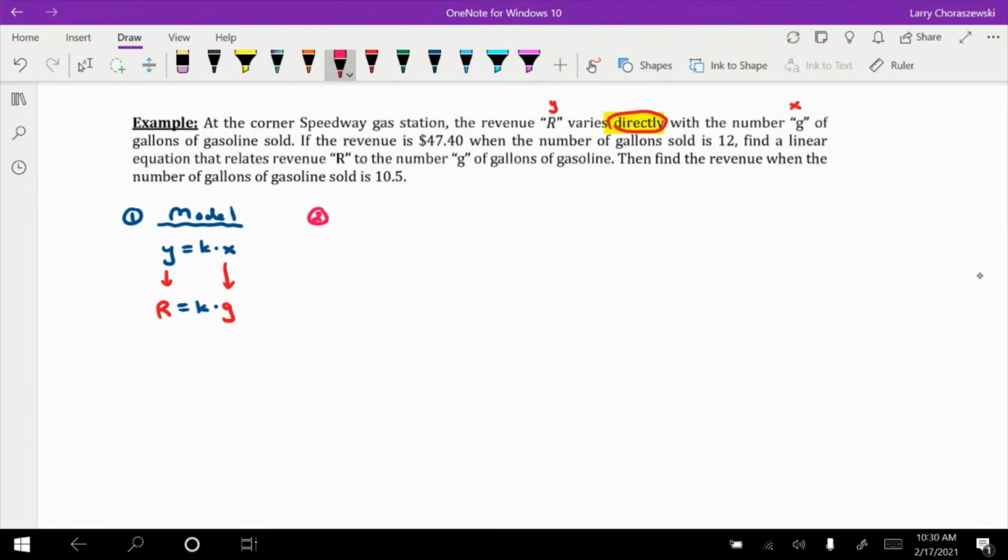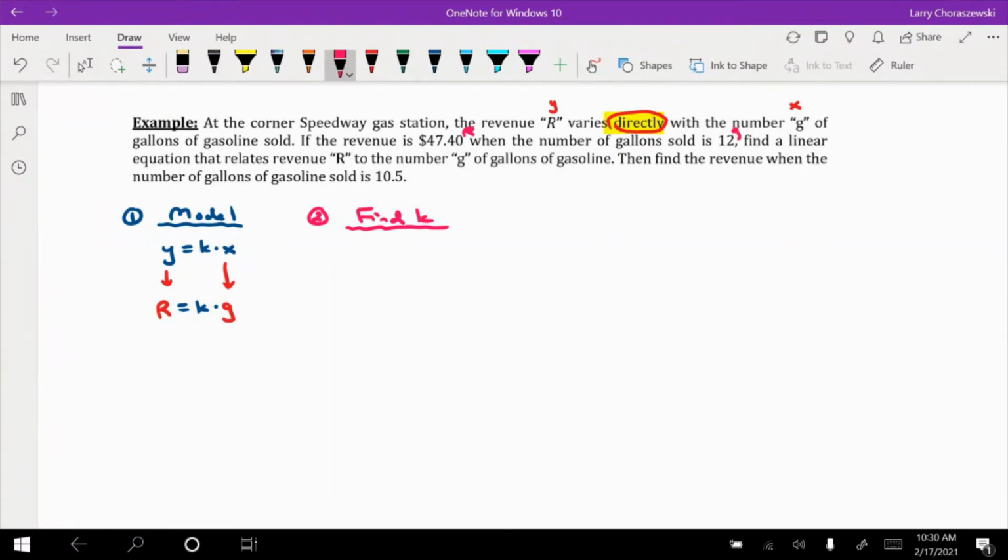Remember, our second step was to find k in those last couple problems. And we can get that information from our second sentence. It says if the revenue is $47.40, that $47.40 is a specific value of R. Number of gallons sold is 12.